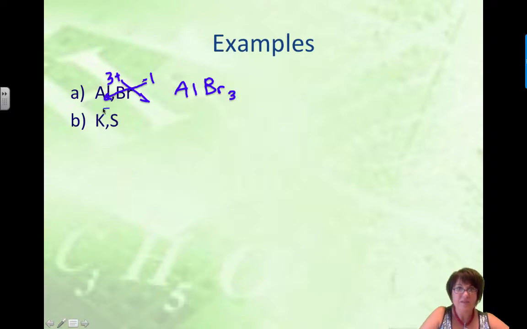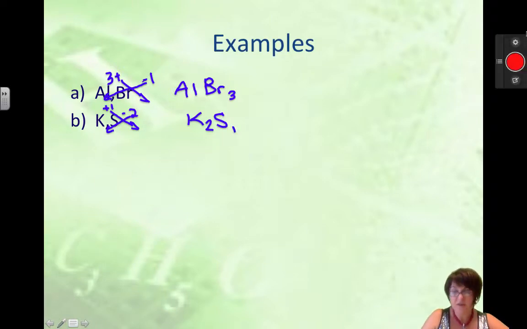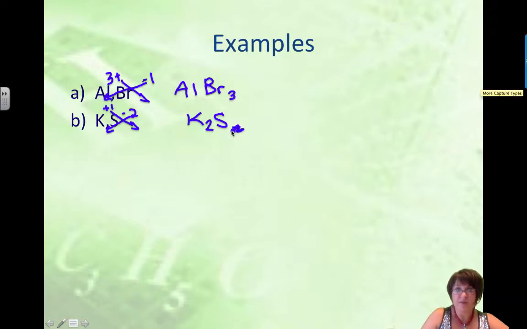Next we have potassium, which is +1, and the sulfur is a -2. So we'll cross the charge down, 2 potassiums, and then this charge comes down and across, 1 sulfur. Now if you have 1 of something, you don't have to write the 1 in. It's given, so you can just leave that part out. K2S is fine.